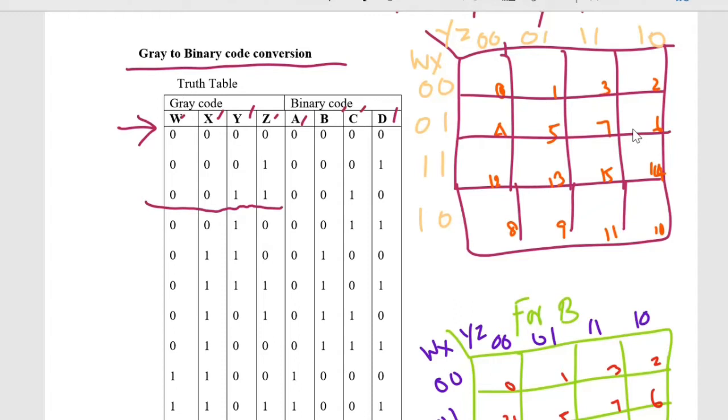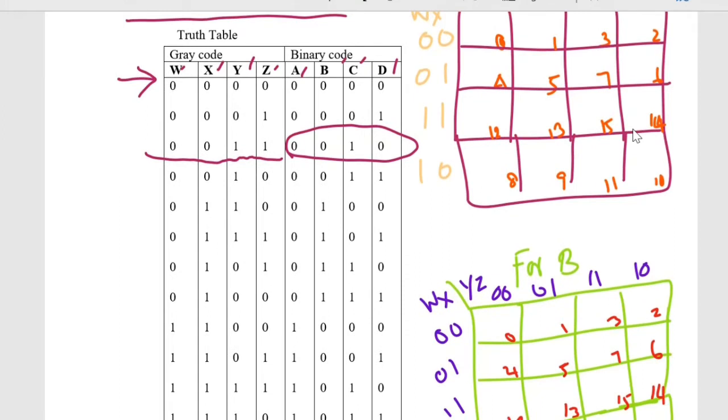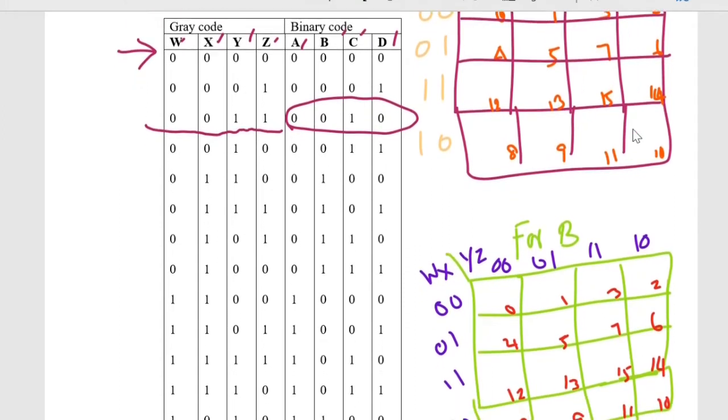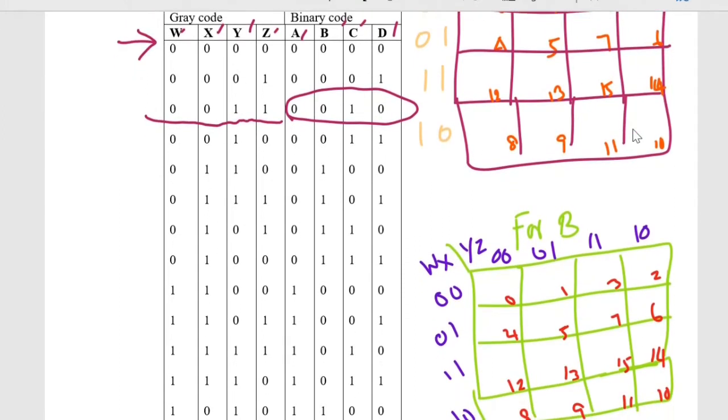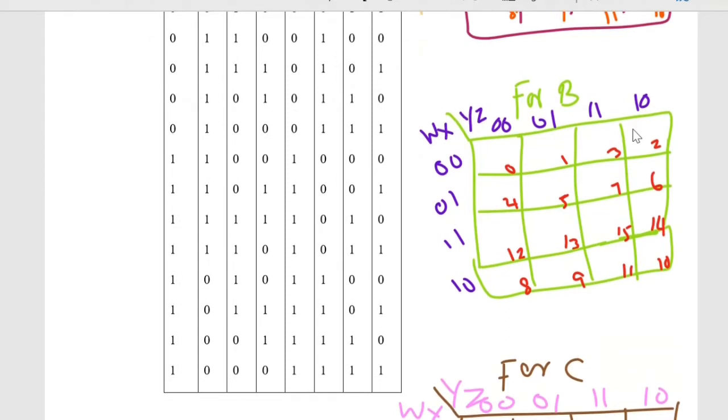The converted binary code is 0, 0, 1, 0. That is the example we have seen. Similarly, you can do the same and get the gray code to binary code conversion for all 4-bit combinations, starting from 0, 0, 0, 0.